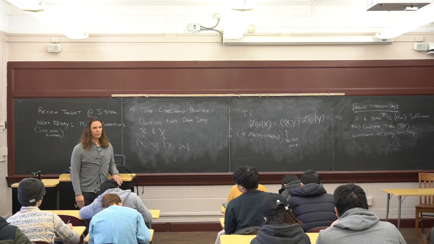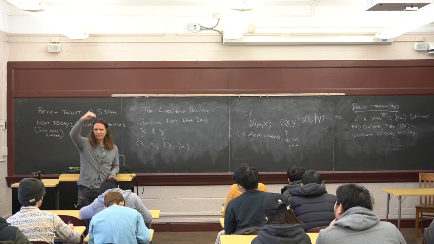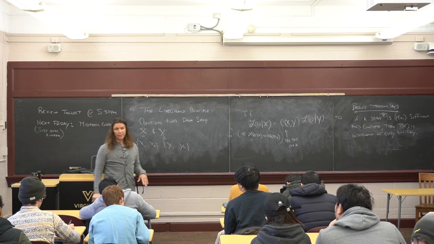So likelihoods are only defined up to a positive constant. I can raise them in height, the whole function. It's still the same likelihood function.